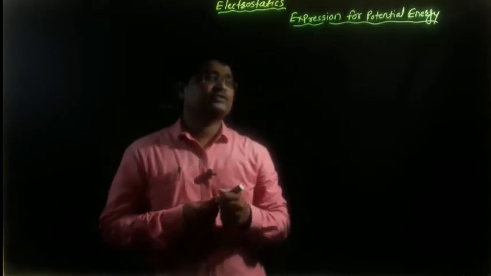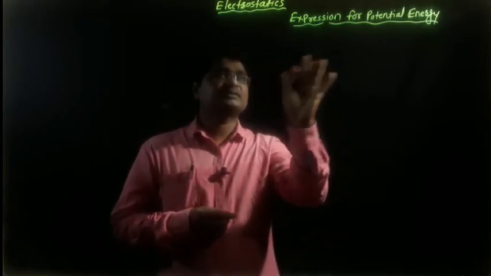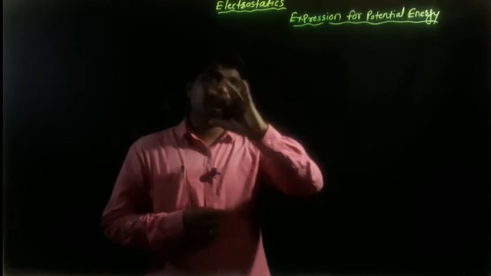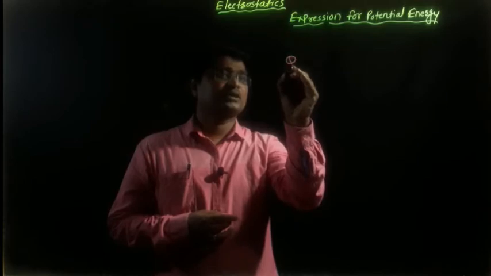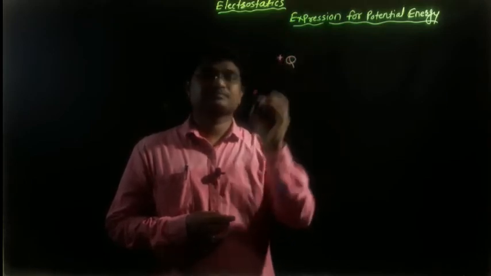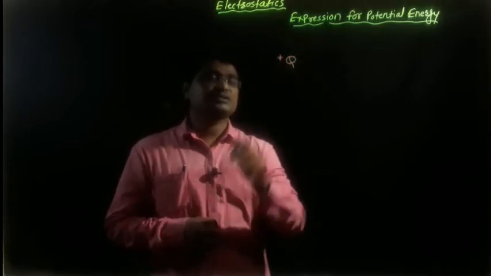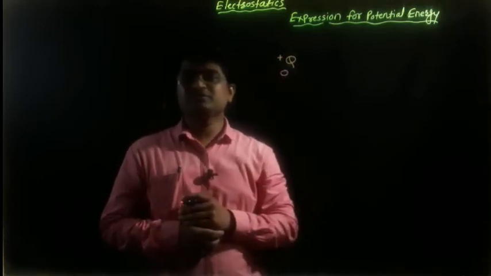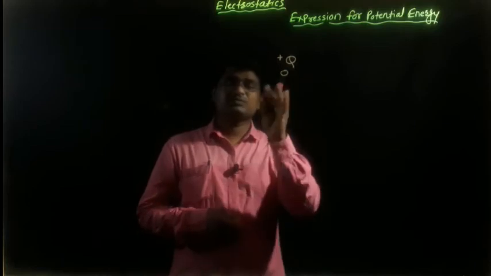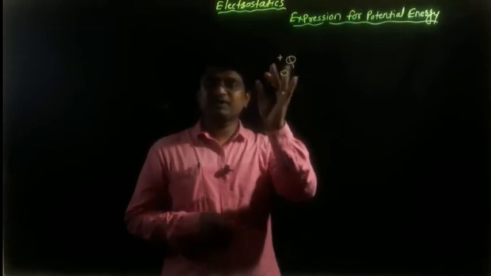But before that, just imagine that we have the concept of potential energy, and with the help of this we find their expression. So imagine that Q is a positive charge. Q is any positive charge, present in free space. Its origin will be denoted by O. This positive charge is present at the point O in free space.